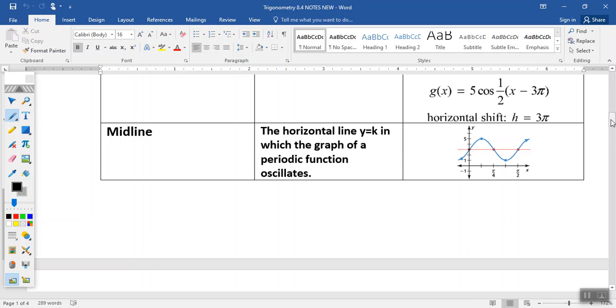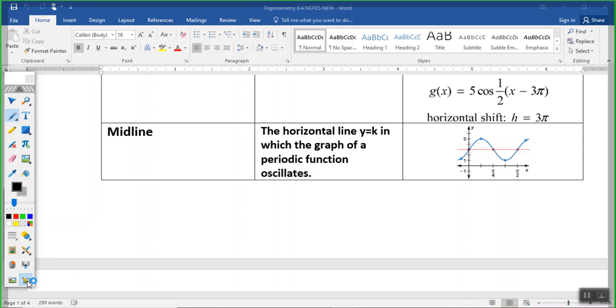All right, this next one's called the midline. Friends, my midline is kind of like a line of symmetry. Technically, it's not a line of symmetry. Well, it could be rotational, a point of symmetry. But right here, the midline. This function, first of all, do you agree this is a periodic function? Up, down, repeats the same pattern? Do you guys agree that the midline is kind of right here?